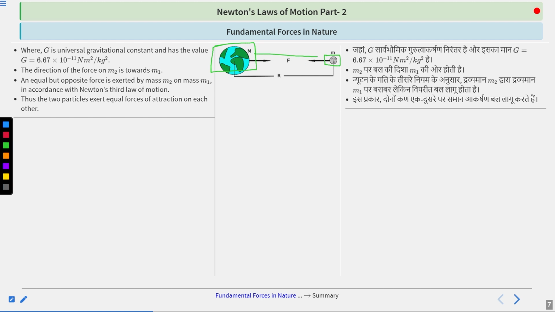If the earth applies a force of attraction on the moon, the moon will also apply a force of attraction on the earth, which is equal but opposite. Earth is trying to pull the moon to its side, and the moon is trying to pull the earth to its side, but the amount will be the same and the direction opposite.